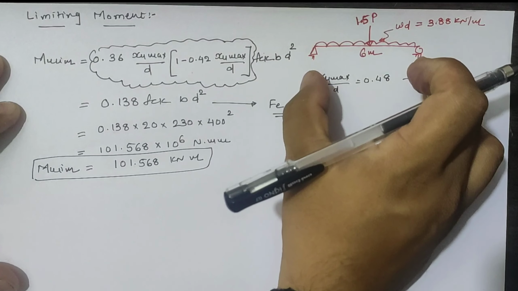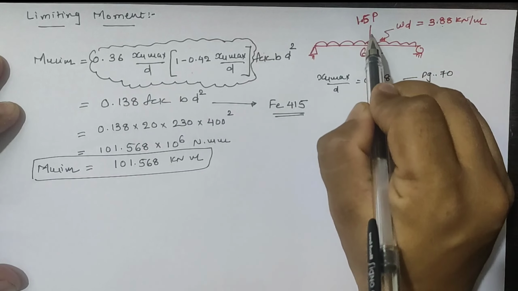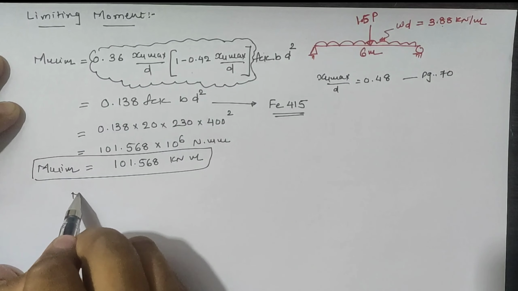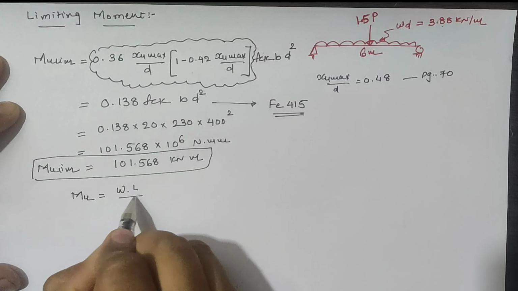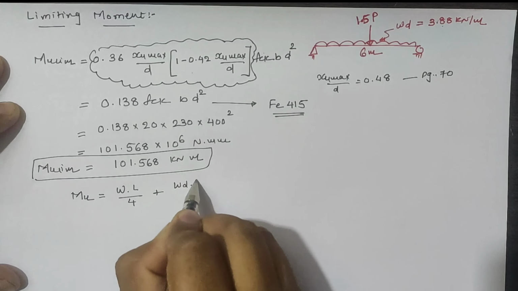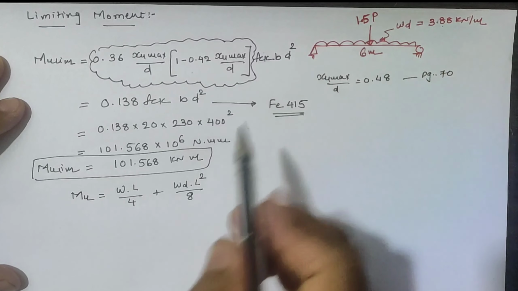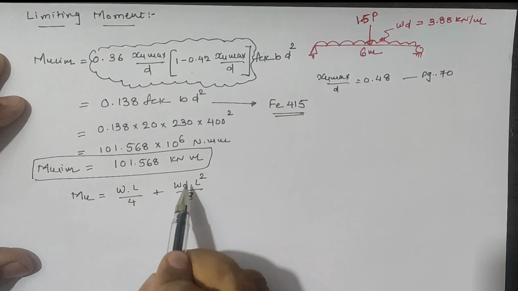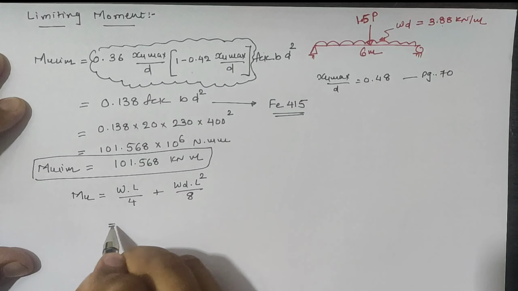Now for the simply supported span loaded with UDL over entire span and point load at the center, the moment can be calculated by where W is our concentrated load and L is the span length as well as WD as a self weight of the beam.